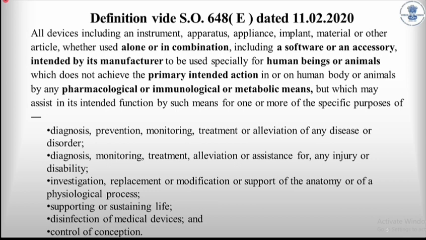I just want to specify the words human being and animal. This means all medical devices which are designed to be used in animals or in veterinary hospitals are also regulated under the Medical Device Rules 2017.